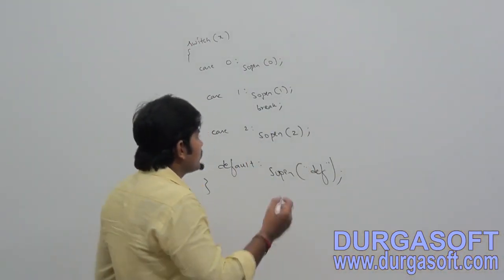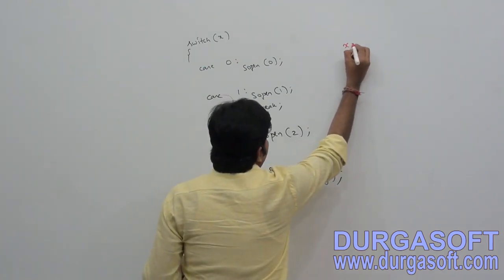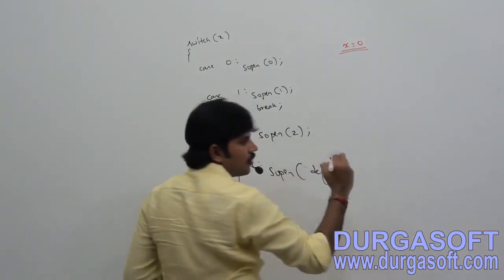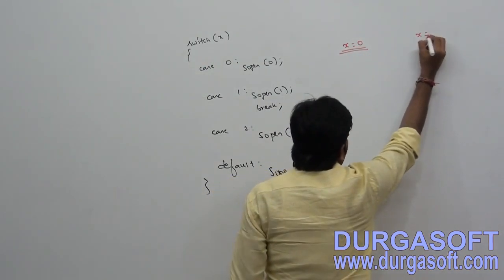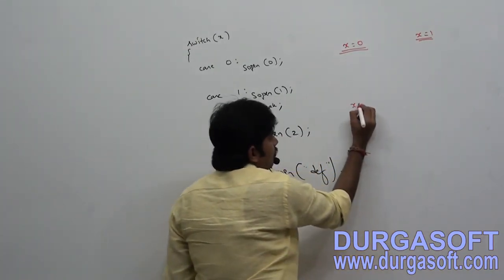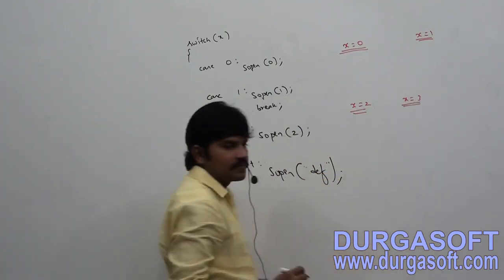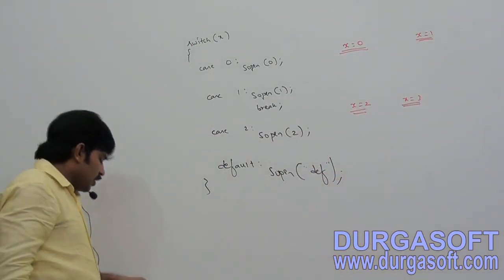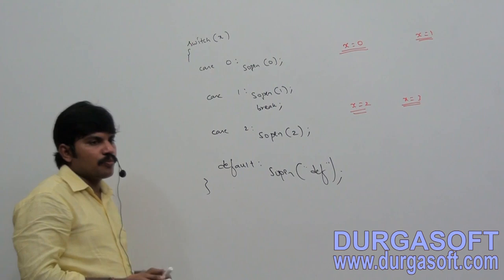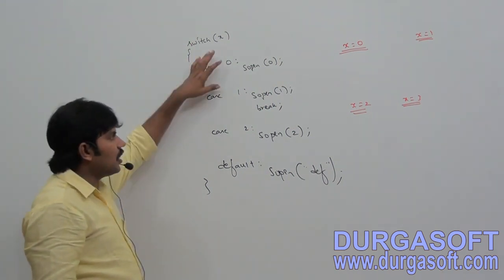Now if X is 0, what is the output? If X is 1, what is the output? If X is 2, X is 3, what is the output? Can you tell, if X is 0, is the output 0 or 0, 1?